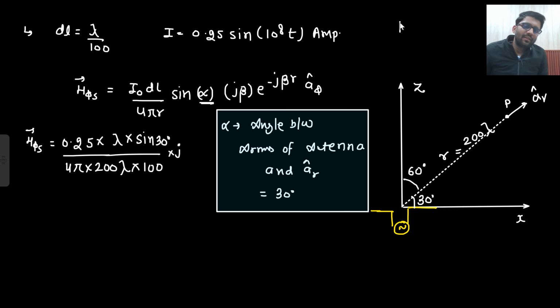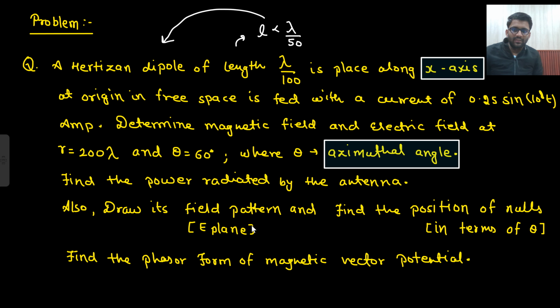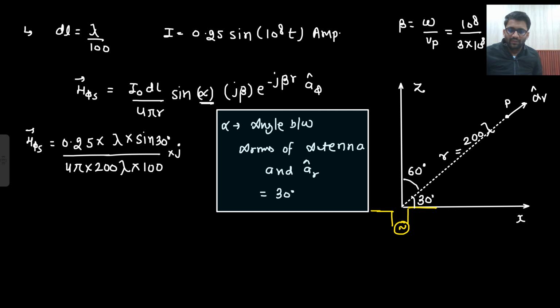What is the value of beta here? Beta is omega by Vp. What is omega? 10 to the power 8. What is Vp? 3 into 10 to the power 8. Why is that so? Because it is free space. So what is the value of beta? 1 by 3.